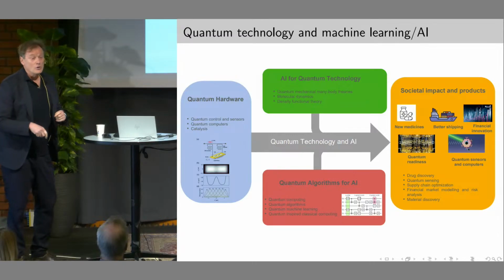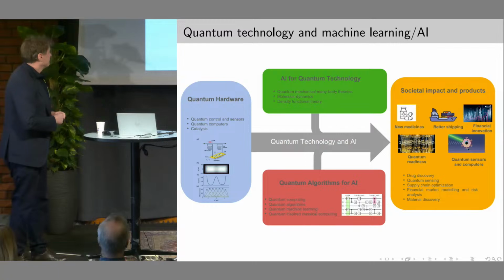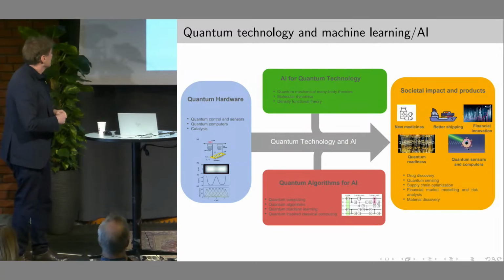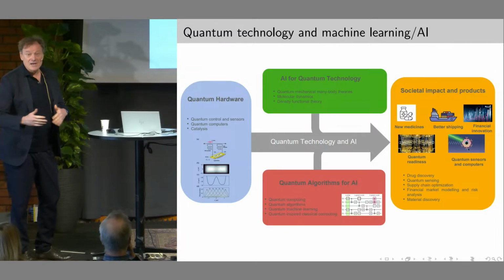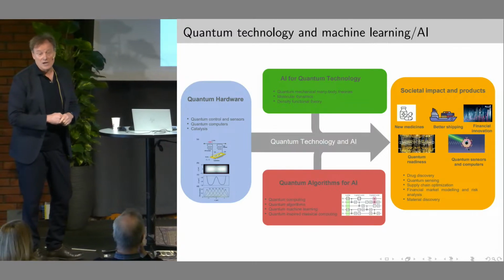Then you also have quantum algorithms for machine learning. So quantum machine learning is a very hot and popular field now, an emerging field. We have quantum computing. You will see why these things can be important. And then designing experiments is something where AI really does make a major contribution nowadays.